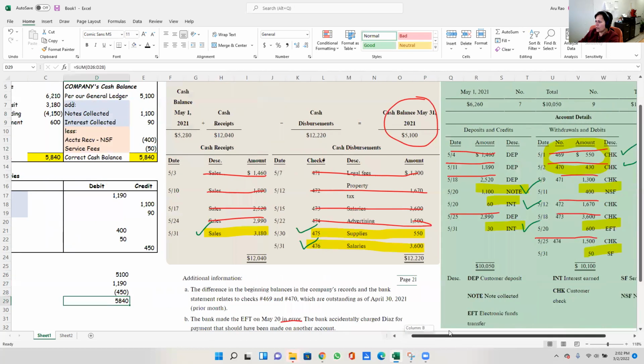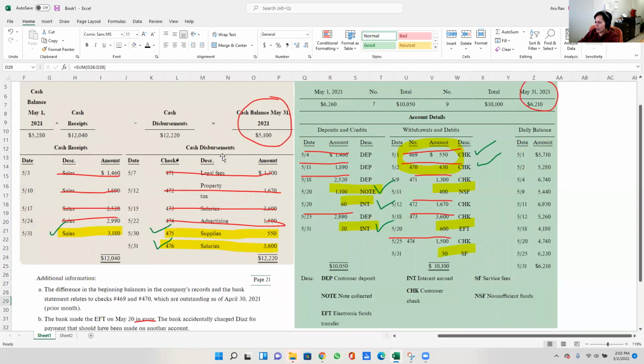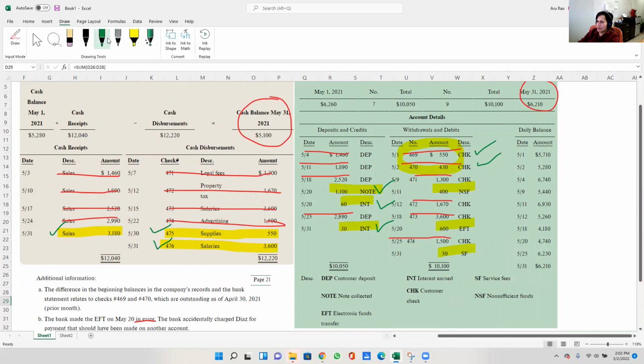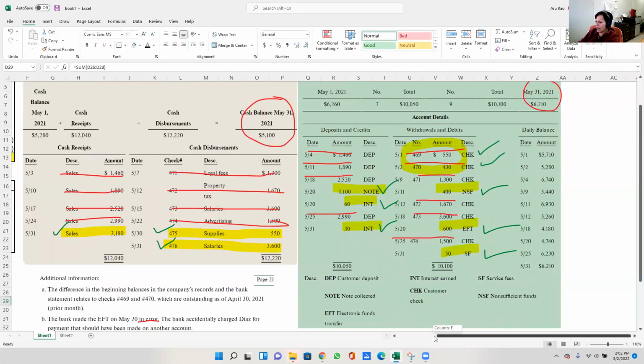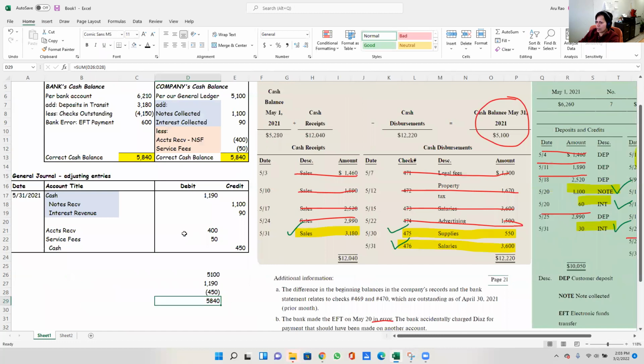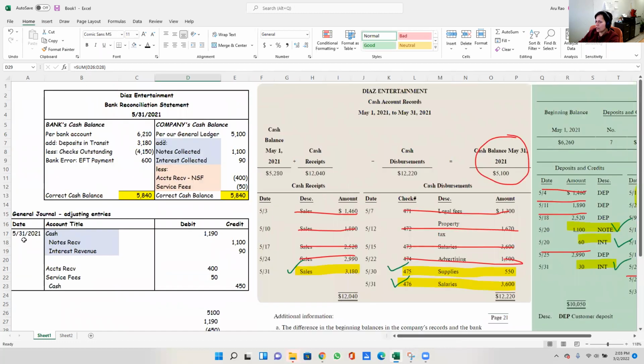Once again, what I'd like to do is make sure I took care of everything I did because it balanced. However, I'm going to look at this one more time. And yes, in fact, I did take care of everything. I took care of this NSF check. I took care of the EFT and the service fees. I've taken care of everything and I'm done with my bank reconciliation statement and the adjusting entries.